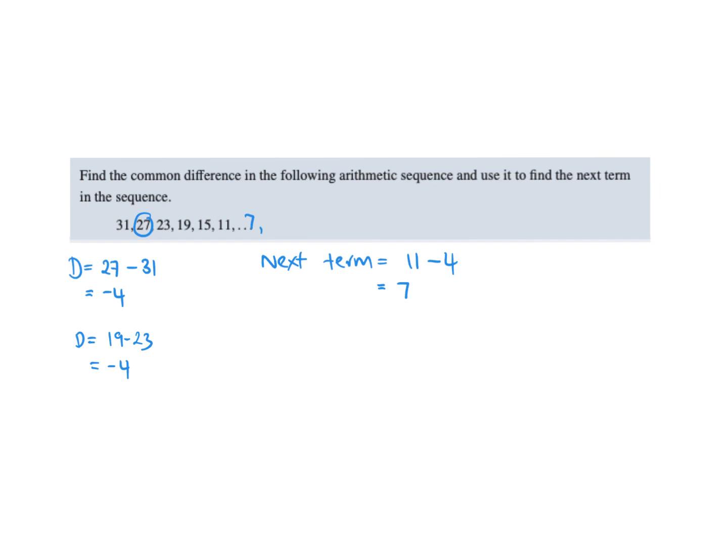Just to recap, when you see the word arithmetic, that means that the sequence will have a common difference, okay? And that means it'll be adding or subtracting an amount in the sequence. Always adding or subtracting.